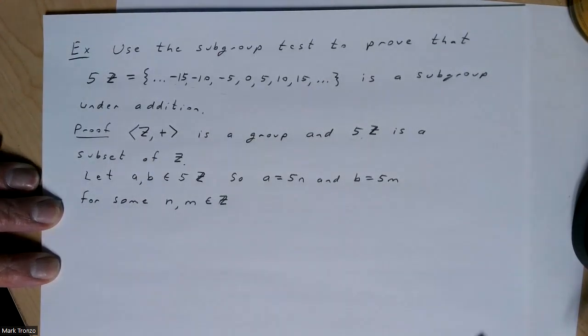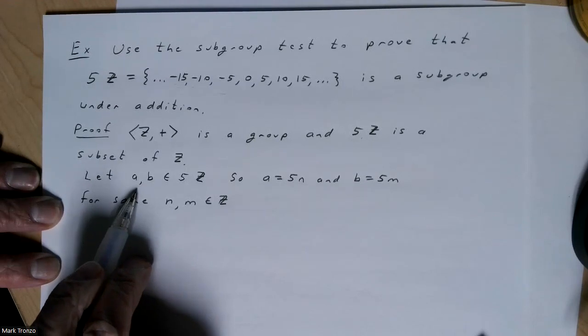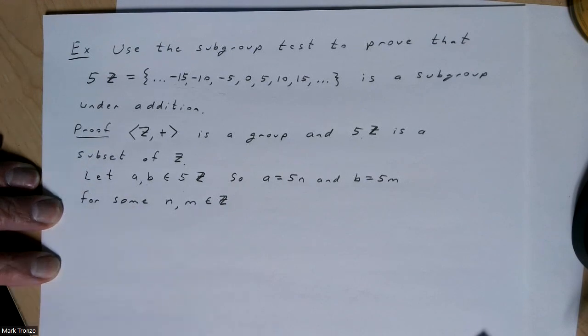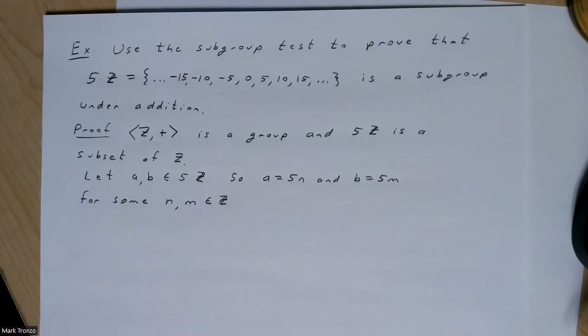So that's the form they would take if they're in 5Z. And now we have to show that A plus B inverse is in 5Z. Remember, that's the requirement for our test.